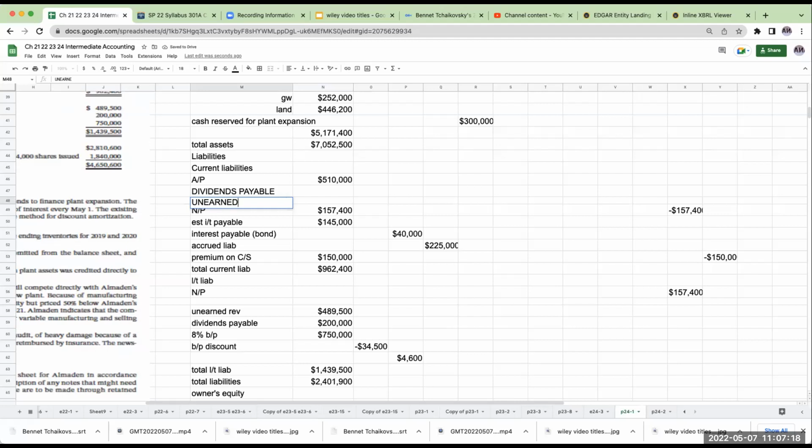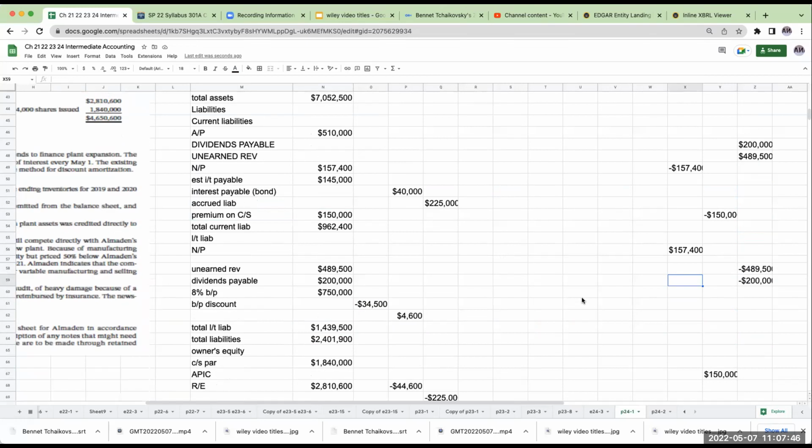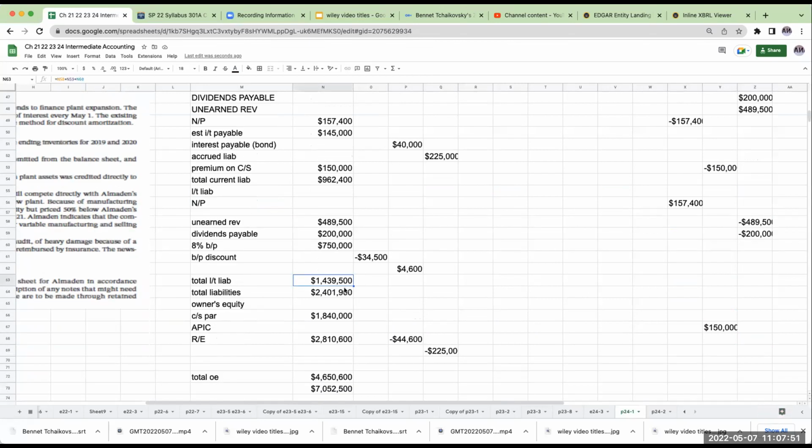So over here, my dividends payable is now going to be 200,000. My unearned revenue is going to be 49,500. The only way that these balances could be showing up as non-current is if there was some sort of discussion on it. Okay, so bond payable discount, total long-term liabilities, will change those numbers momentarily.